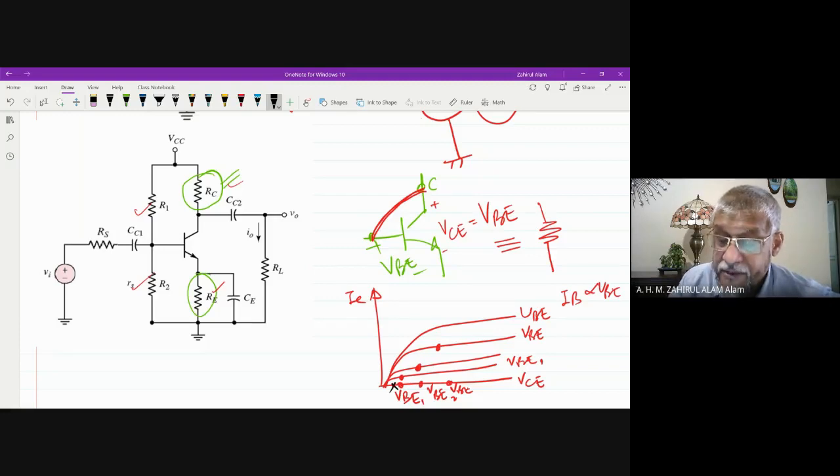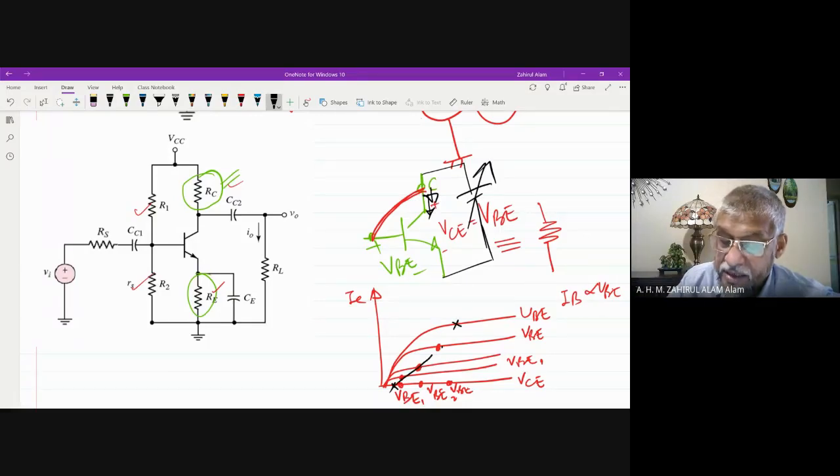Now it shows that when the voltage across this terminal, VCE, changes, then our collector current, this current, also changes. If we vary the voltage from 0 to after the threshold voltage, then the collector current also increases.